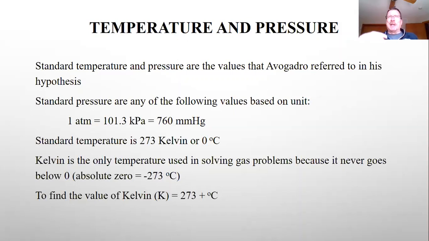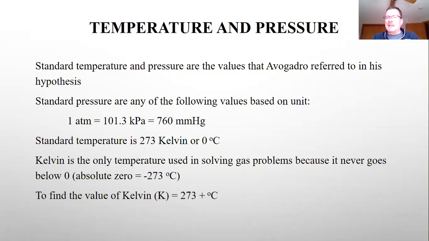It's almost like some guy stood out there and said, 32 is freezing. That's what it feels like. Celsius is better because it is an exact increment, the same increment every degree all the way up or down.